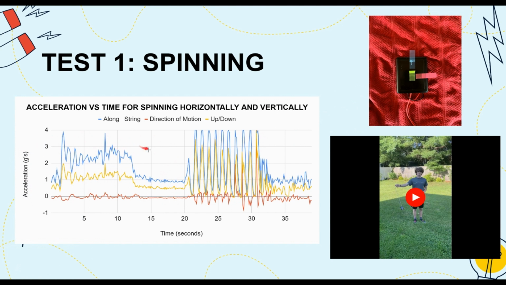Now finally, we can see over here that these peaks and troughs are very high and very low at some points. And this is because I'm spinning it to my side where the accelerometer is going up and down. Now, these peaks and troughs of the blue here and the yellow are basically meaning that at some points, for example, when the accelerometer is down by my side when I'm swinging it, gravity is pushing down on it, but the tension from the string is pulling it back up.